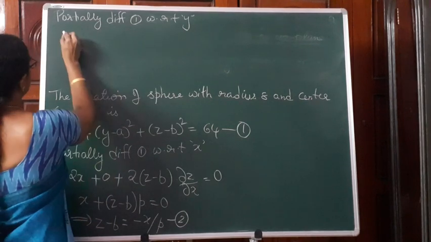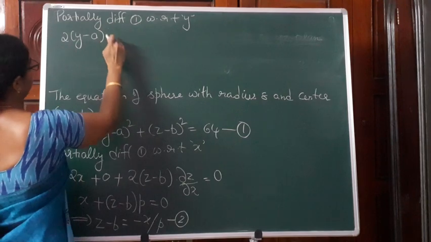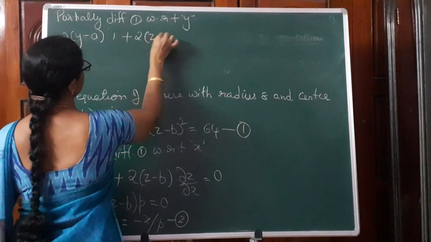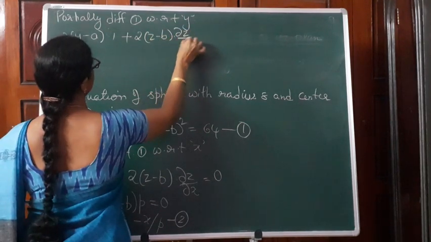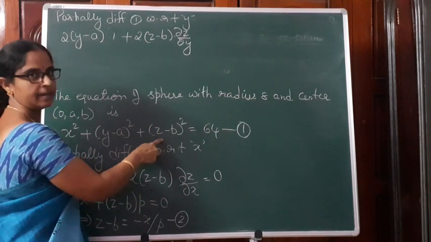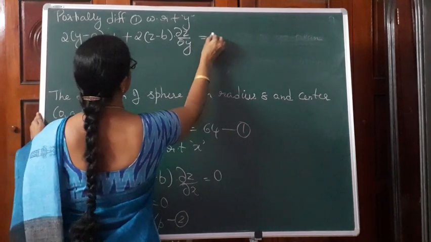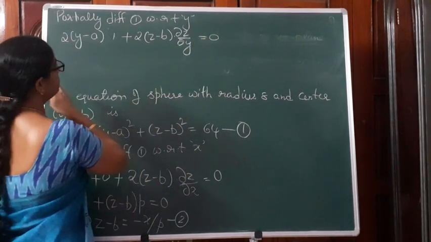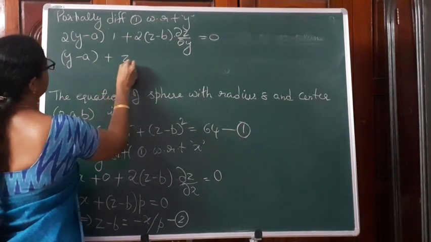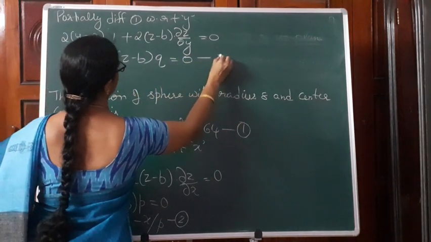Derivative of (y minus a) whole square is 2 into (y minus a) into 1, plus derivative of (z minus b) whole square is 2 into (z minus b) into dou z by dou y, because z is the dependent variable here. x and y are independent variables. So here we get the internal derivative dou z by dou y, which is q. Cancelling 2 throughout, we get (y minus a) plus (z minus b) into q is equal to 0. This is equation 3.